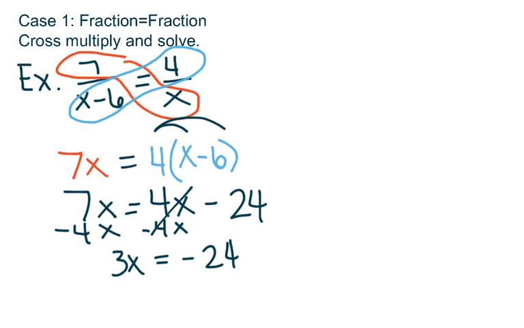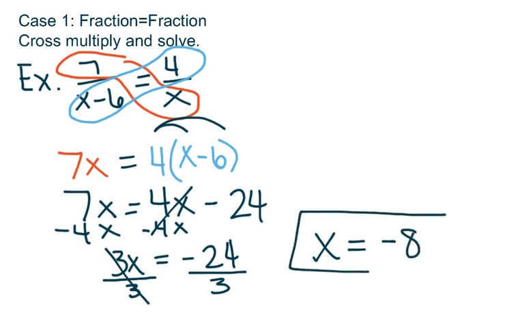We need to get rid of the 3 in front of the x. Remember, the 3 and the x are being multiplied, so the way we undo it is to divide. Alright, so that cancels out. So x equals negative 24 divided by 3, which is negative 8. So that would be my final answer.